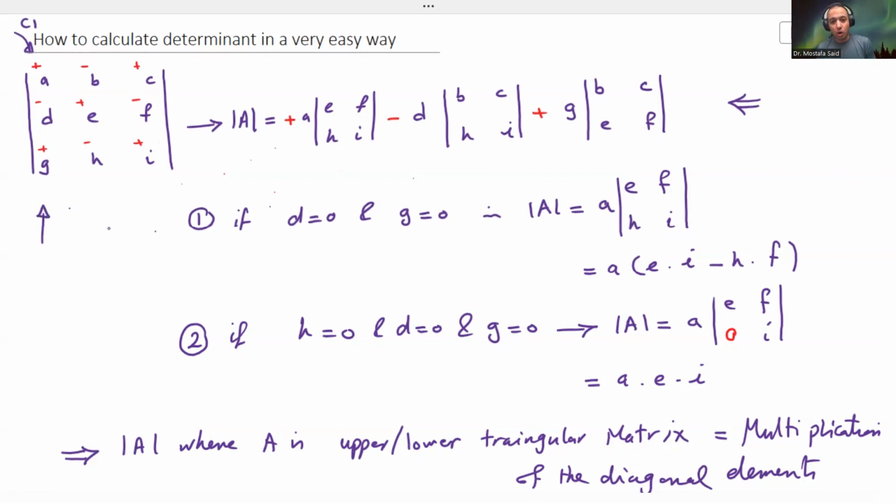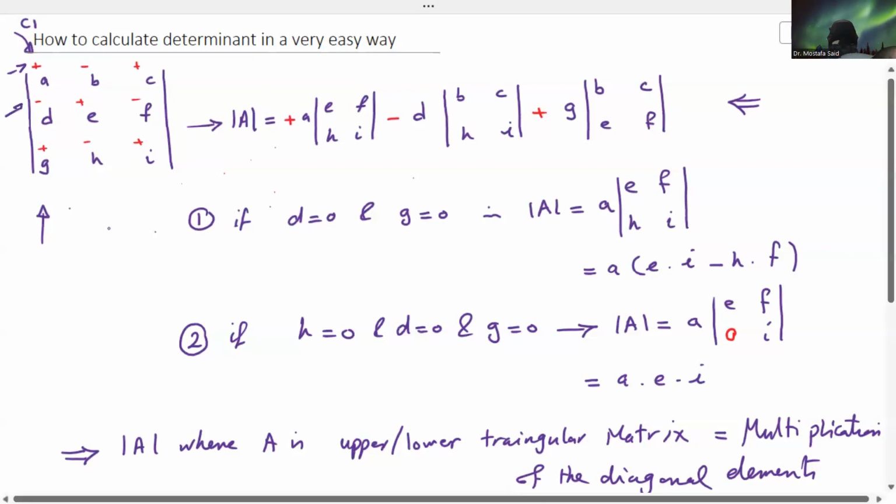Whatever the sign of A, D, or G, in our final formula to find the determinant, A will be preceded by a positive, D will be preceded by a negative, and G will be preceded by a positive.